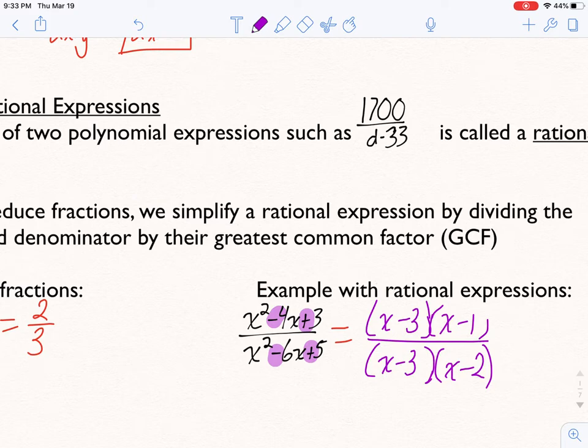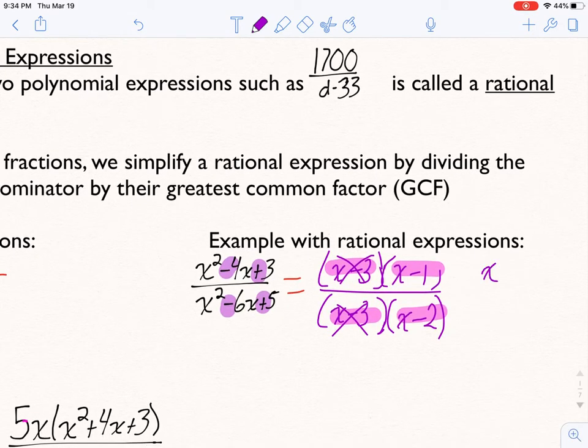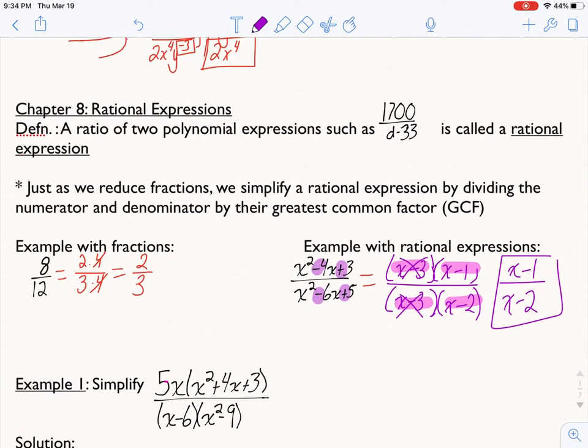So again, I've got 4 parts. 1, 2, 3, and 4. Well, what's in common? What can I cancel here? Both top and bottom have an x minus 3, which just leaves me with x minus 1 over x minus 2 as my answer. Alright, so using that, I want you to try to simplify example 1.